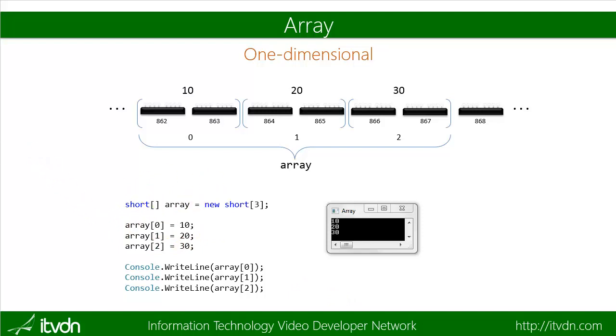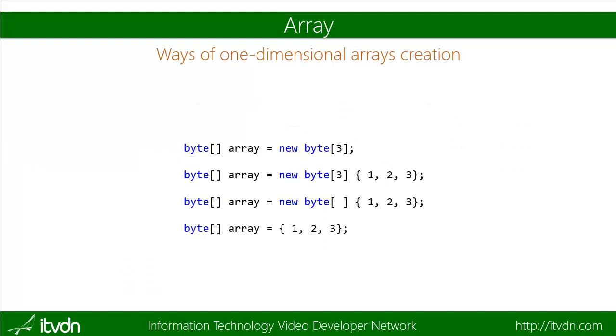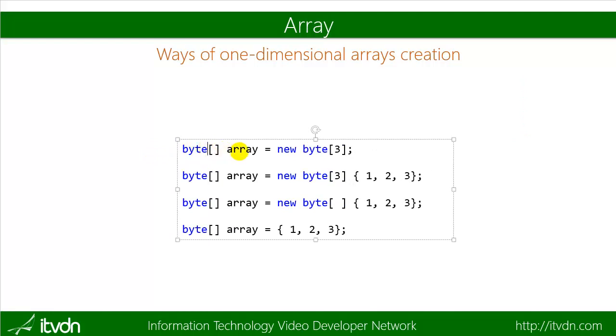Now let's move on to the next slide and I'll show you ways of one-dimensional arrays construction or creation. So you can create it this way. You have one way of creating them right here. You have another way and 2 more ways.